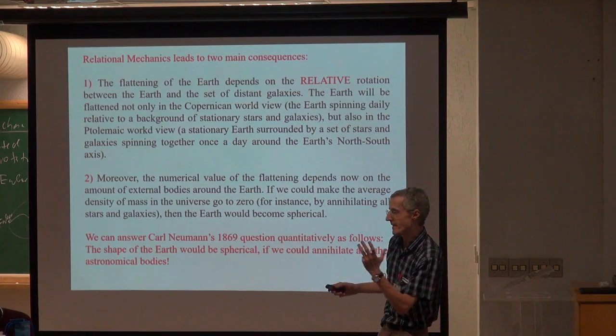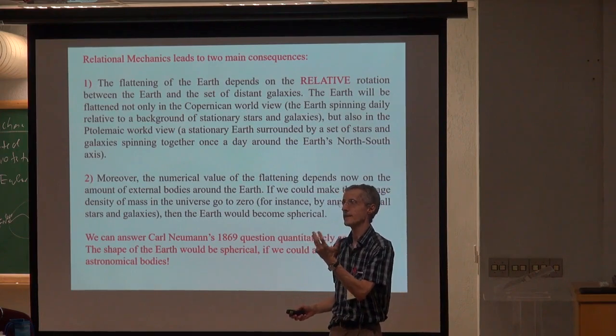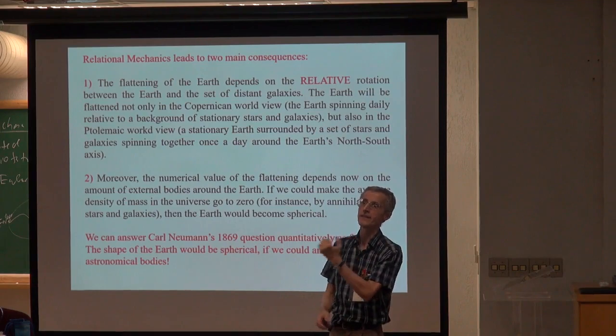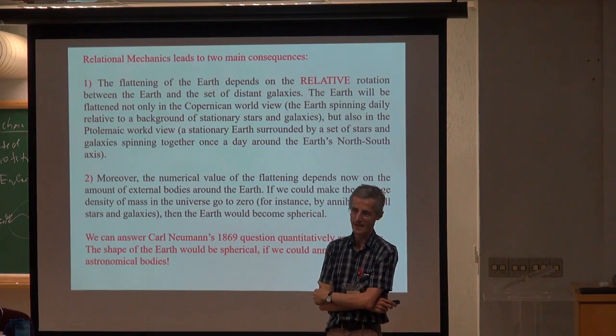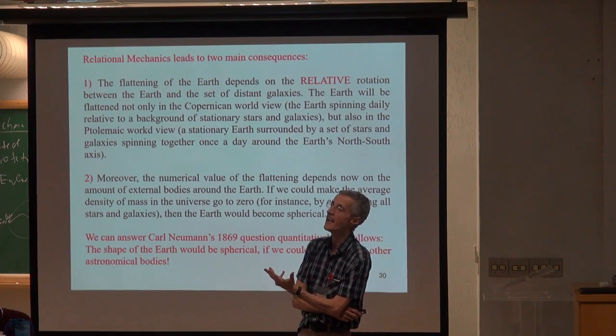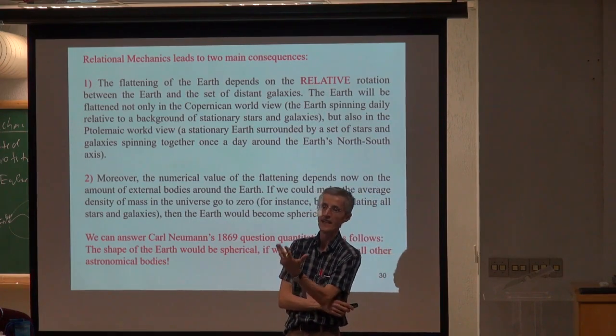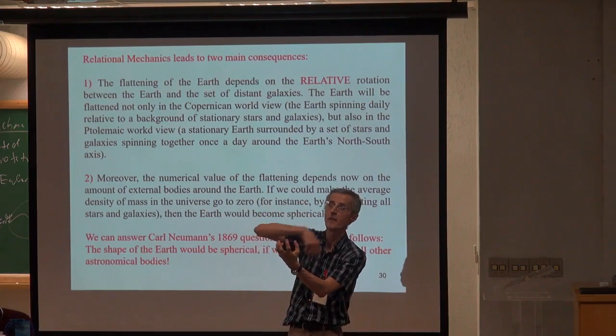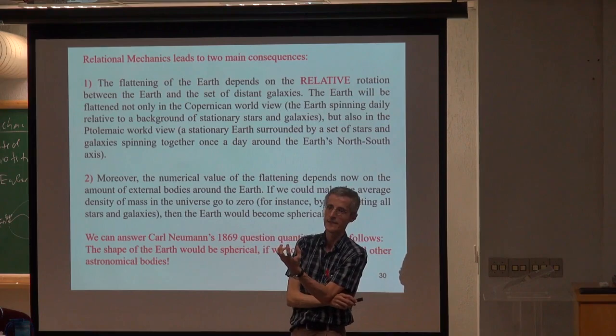So, the flattening of the Earth was Newton's argument that the Copernican system was the correct one. Because in Newtonian mechanics, the Earth would not be flattened if it did remain at rest in the universe and the stars did spin once a day around the Earth.